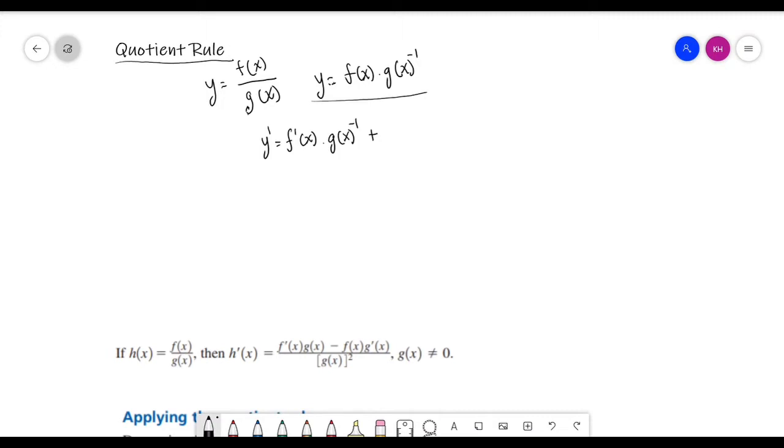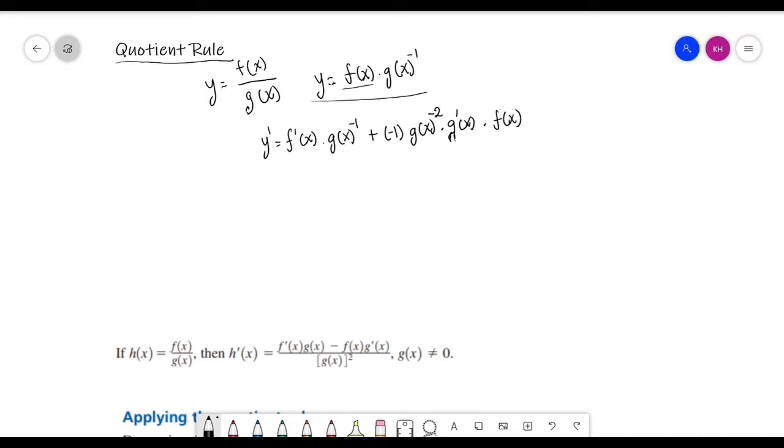So that way we have to bring the -1 in the front, and then we're going to have g of x to the power -2 times the derivative of g of x, because g of x is a function itself, and then times the first function stays the same, f of x.